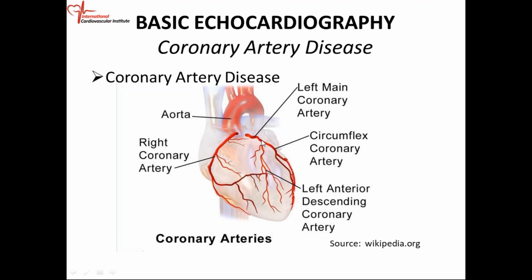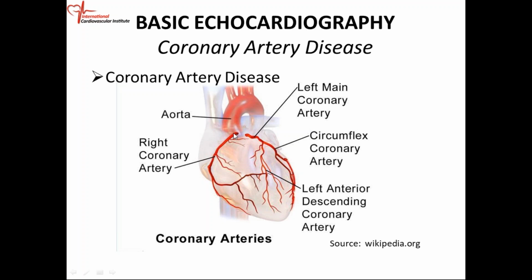The left main coronary artery is going to divide into left anterior descending coronary artery and a left circumflex coronary artery. So this is the blood vessel distribution on the left side. The left anterior descending coronary artery runs straight down the front of the heart, and the left circumflex loops around the back of the heart.